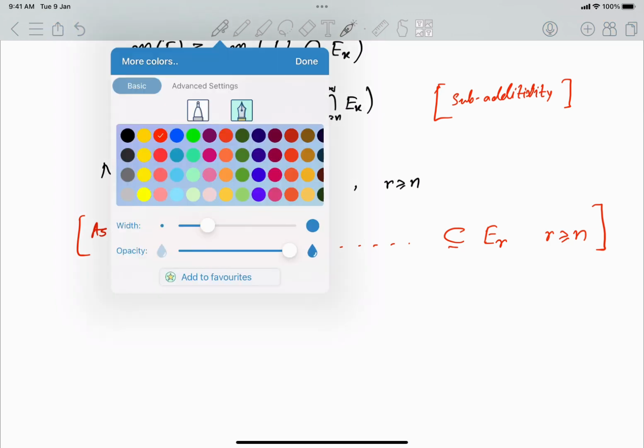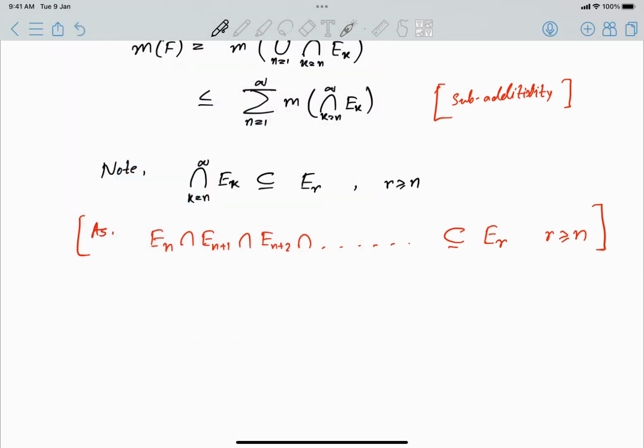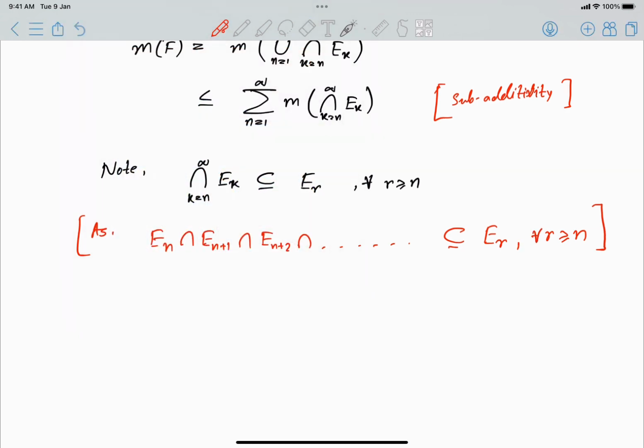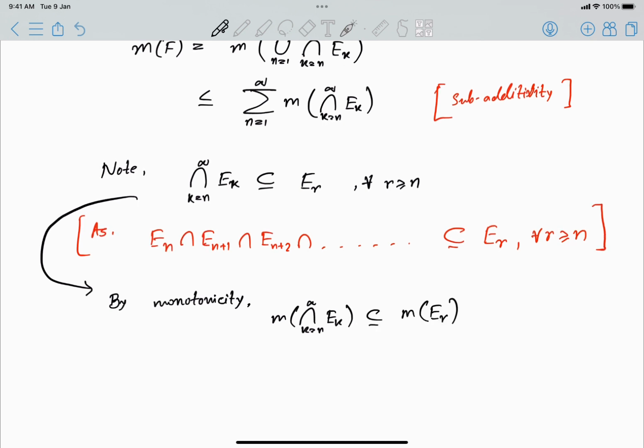So therefore, what will happen? This is for all r greater than or equal to n. So this is true for any r. Now by monotonicity, the measure of this set, intersection k from n to infinity Ek, will be less than the measure of Er, and this is for all r greater than or equal to n.